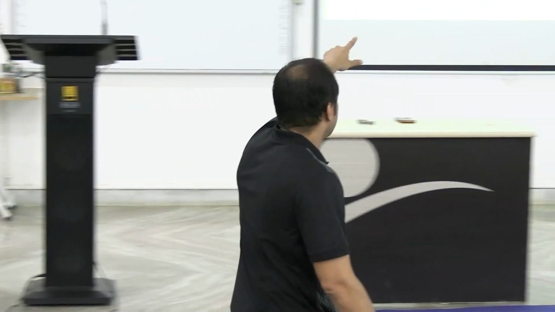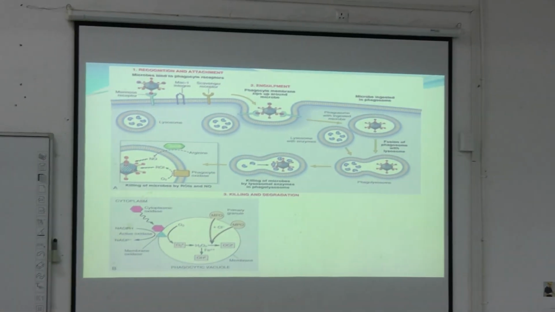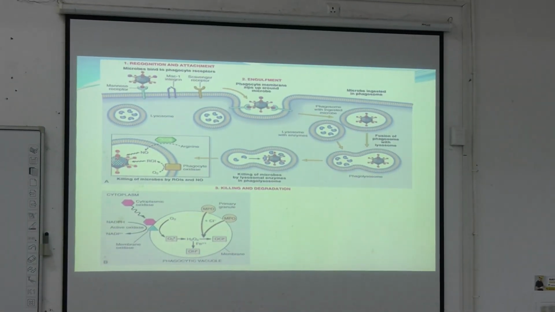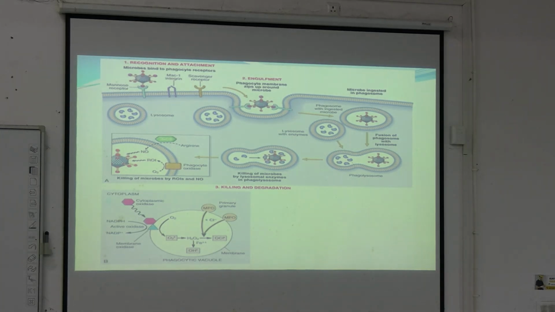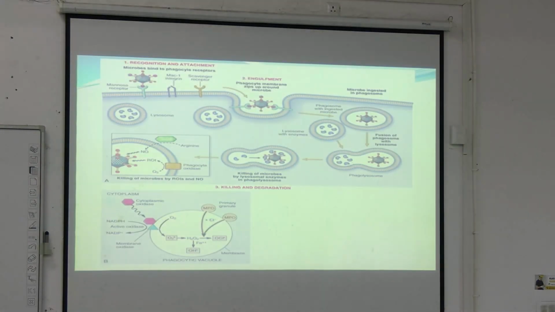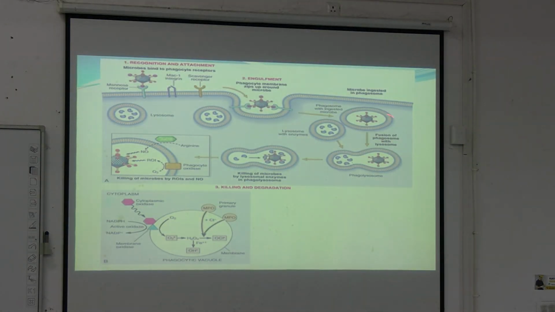Okay. So the final one is recognition and attachment. Identify করে দিল. এবার ওই যে receptor যেটা আমি বললাম একটু আগে, the receptors are through ওরা attach করছে to the microbes. The microbes are getting attached with the leukocytes. Then engulfment. Engulfment কি হচ্ছে? The phagocyte membranes zip around the microbe, and the microbe is ingested. So basically a phagosome is formed, and the microbe is inside the phagosome now.